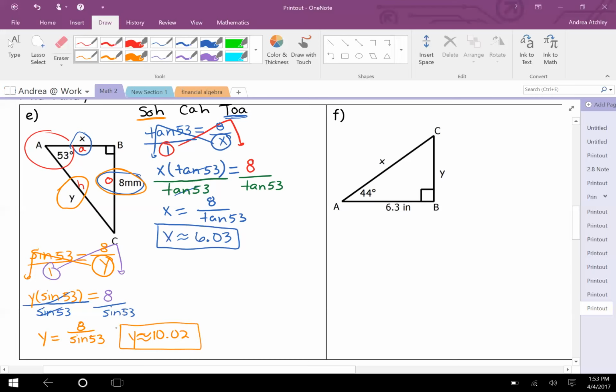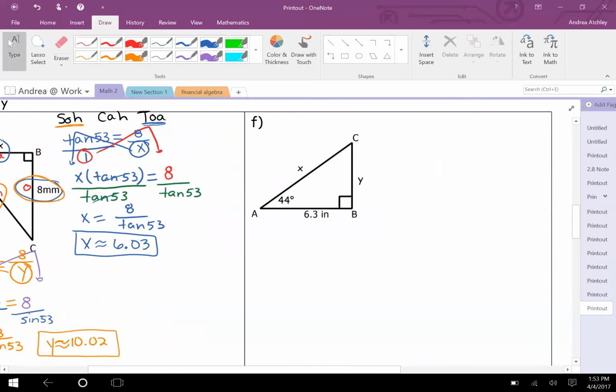Any questions over that? We're all good? Okay, next one. Okay, for F, label opposite, adjacent, and hypotenuse for me, please.